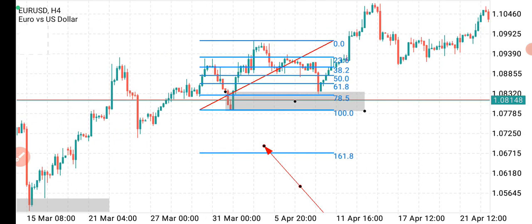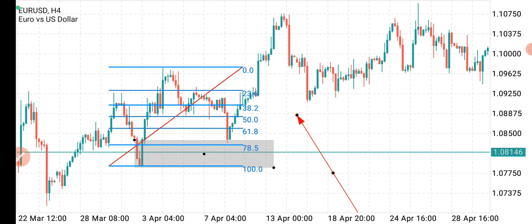Okay. From there, you see that it came, tapped into this order block. If you go to the lower time frame, you either see a break of structure or a double bottom around this region on the lower time frame, and then a move to the upside.